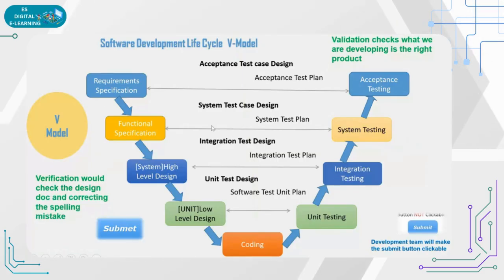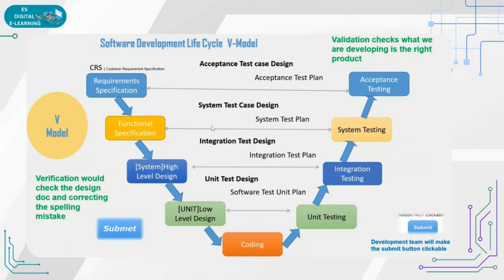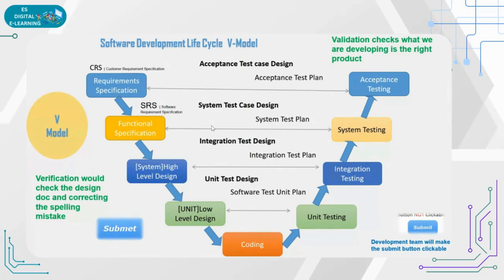This is the V model. In the V model, initially we have the customer requirement specification, like in software development, and we have the SRS, the software requirement specification. Here we are doing the requirement analysis.